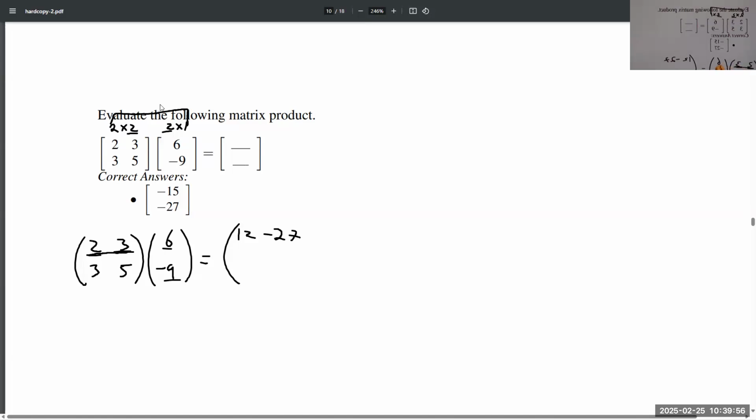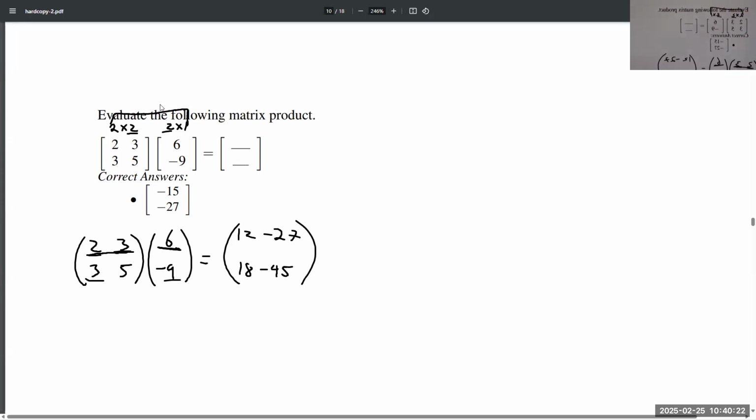Next, second row, first column, I should say. 3 times 6 is 18, 5 times -9 is -45.